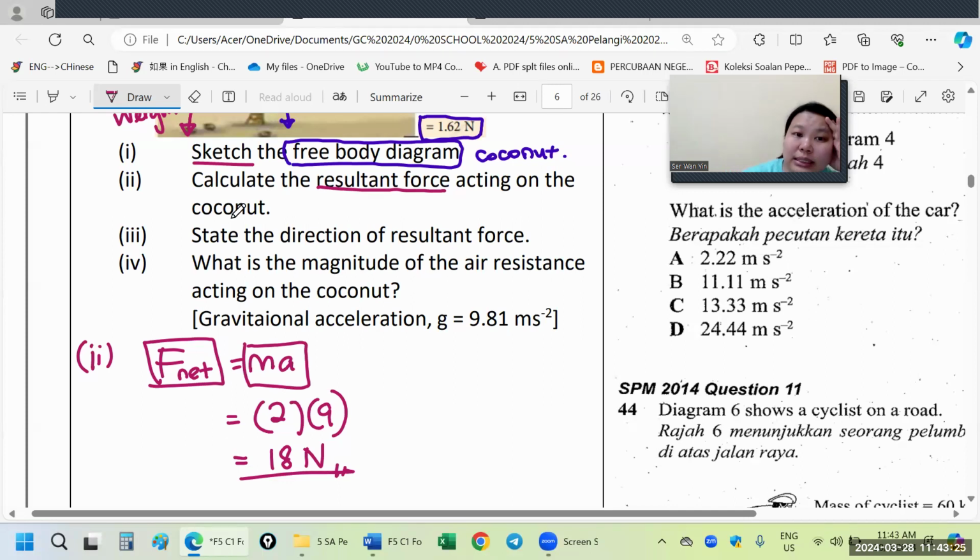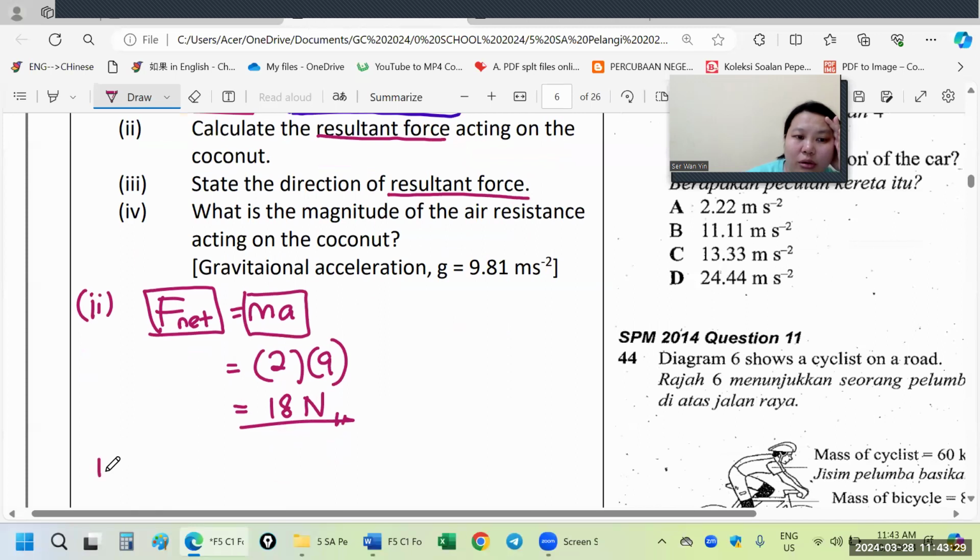Okay, now state the direction of the resultant force. Of course, downwards. So what is the magnitude of the air resistance acting on the coconut, given that gravitational acceleration is 9.81?